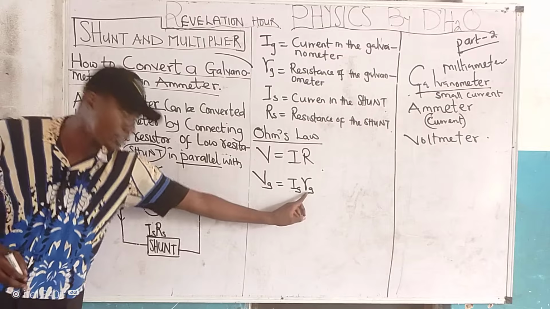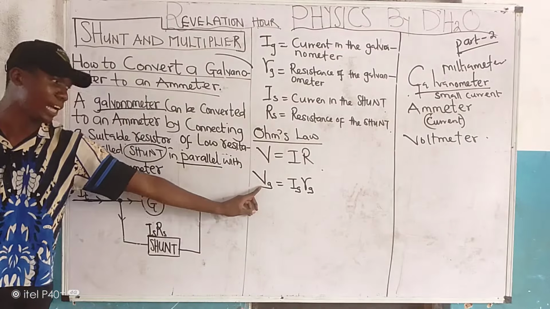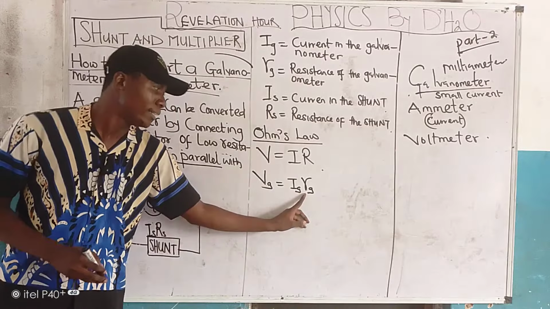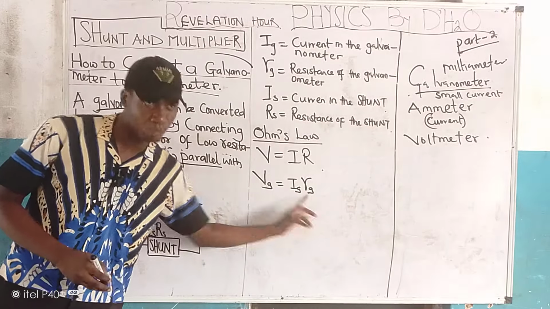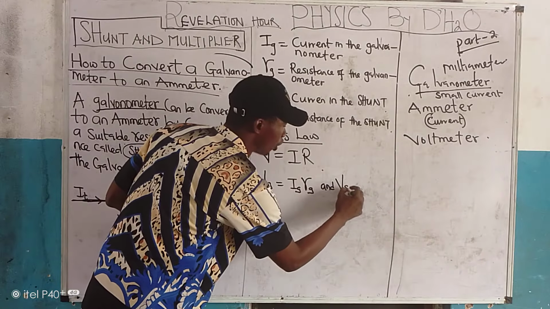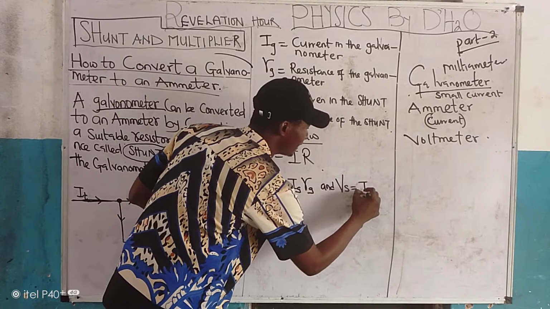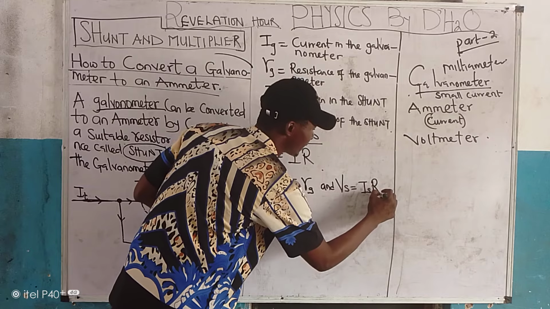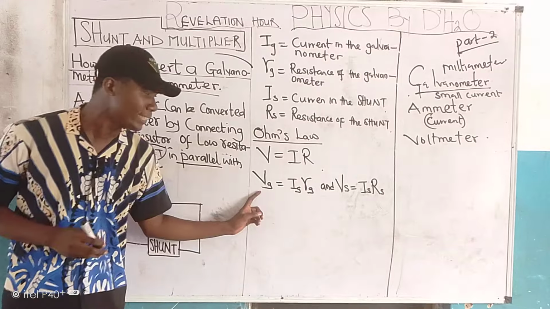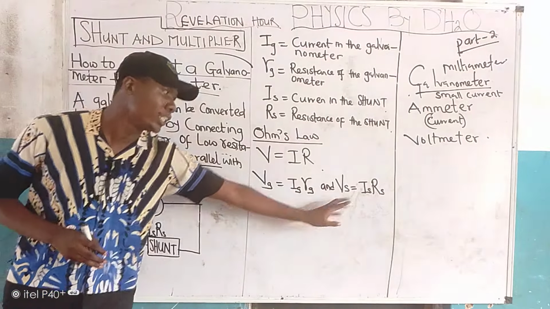Voltage is current times resistance. And again, your voltage in the shunt will be current in the shunt times the resistance of the shunt. So we have voltage in the galvanometer and voltage in the shunt.